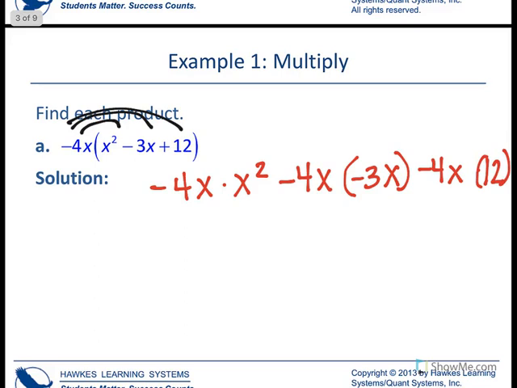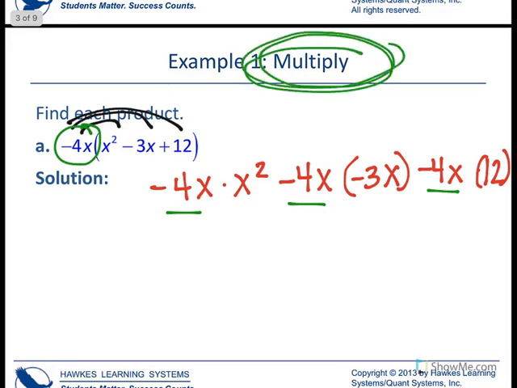See this negative 4x? Each time, that's where it's coming from. Okay, and you're allowed to do that only when you multiply. You can't combine them when you are adding and subtracting. You can only multiply them.